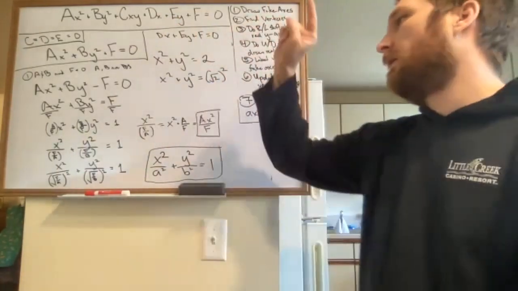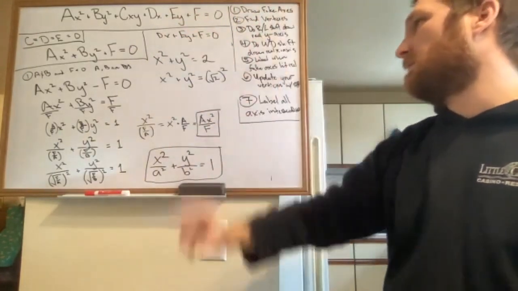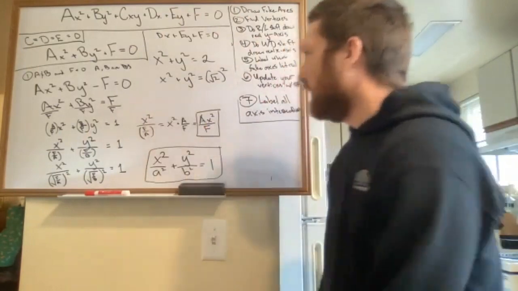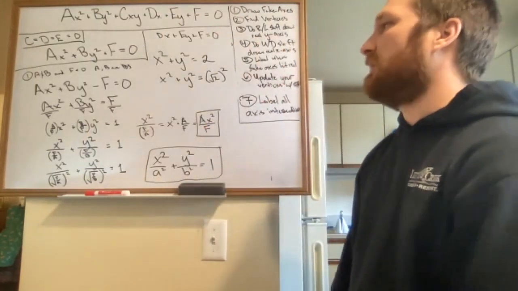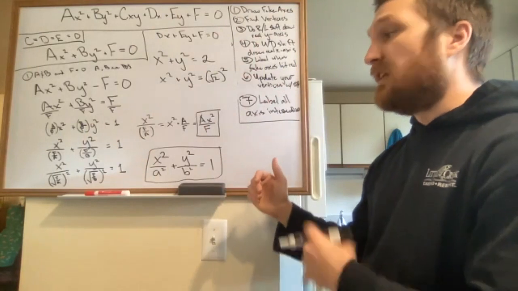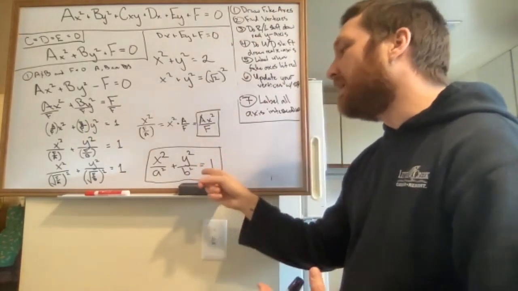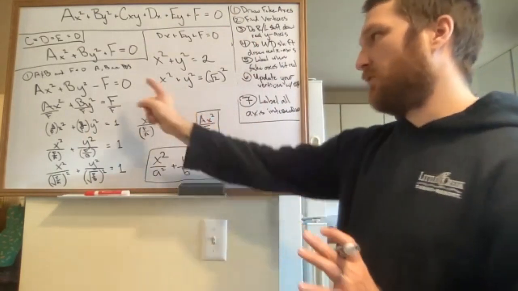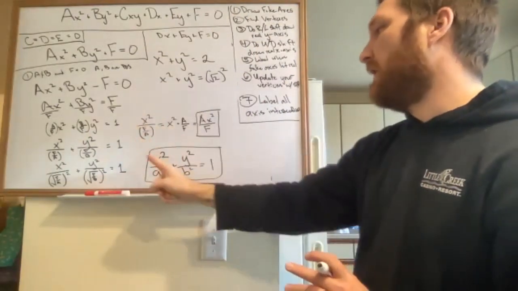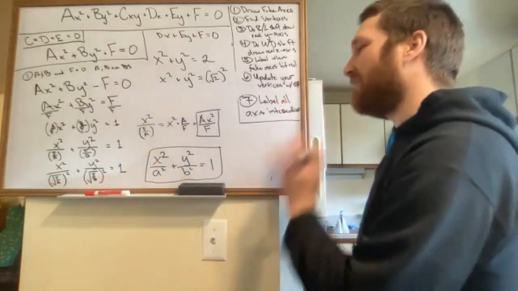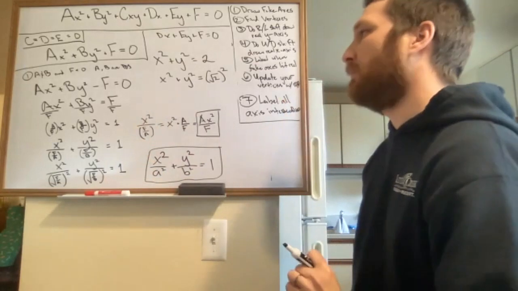So I could say it goes through the y-axis at b and it has a slope of, say, 5. All of this is just to make our lives easier. If you can take your thing like this and turn it into this thing, it makes graphing it very, very simple.